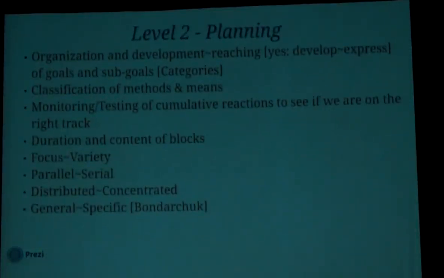Level 2, as I said, we set up different goals in level number 1, and level 2 is about how you're going to organize it. So again, that comes to parallel and serial development. If I have 5 goals, I might address them all together, or in a sequential way.